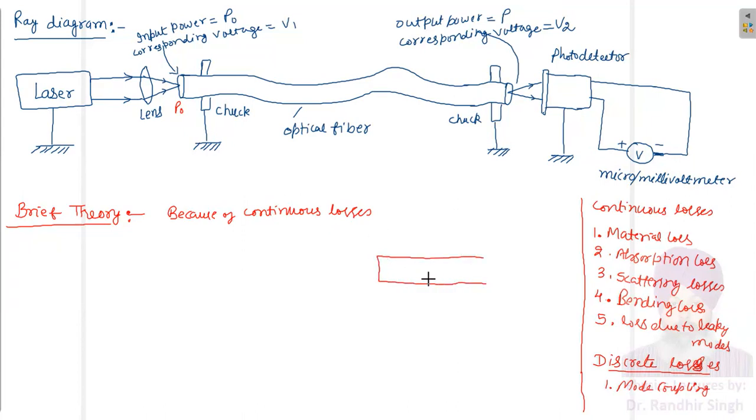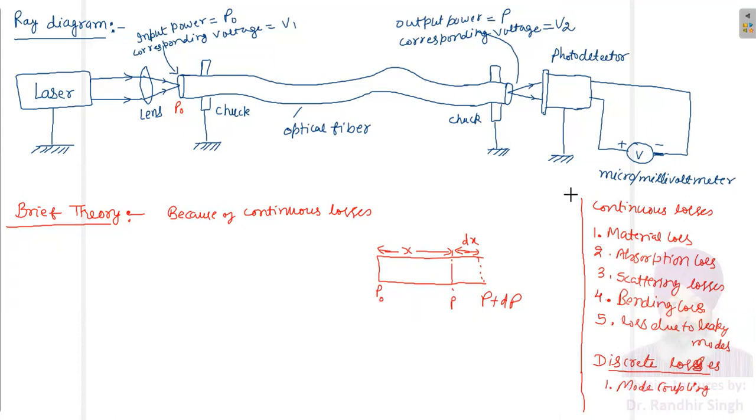Here is P0, and due to these continuous losses, if the light has traveled some distance x in the fiber, then at this place the power will be, let us say, P, and at a further distance dx away from the input of the fiber, the power will be P plus dP.